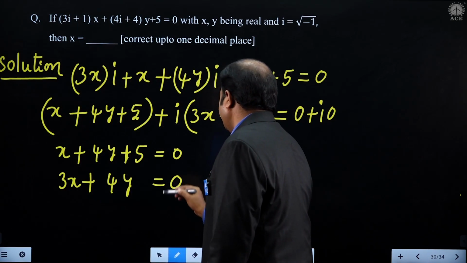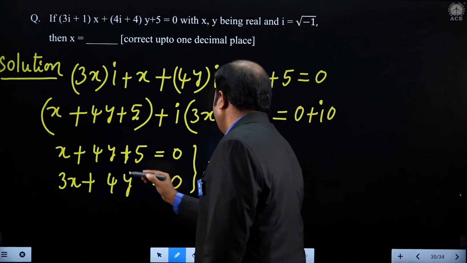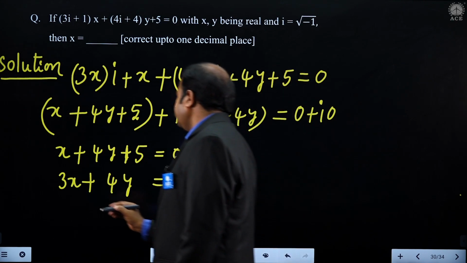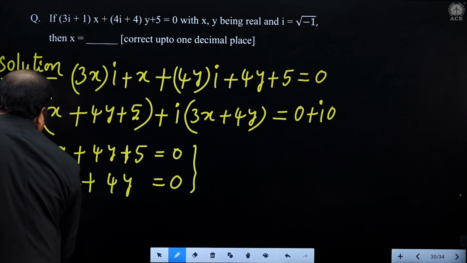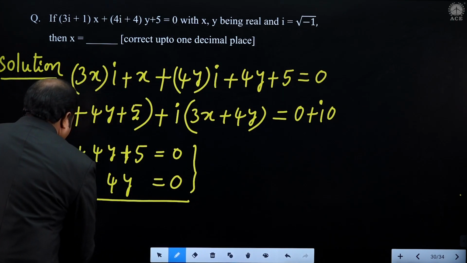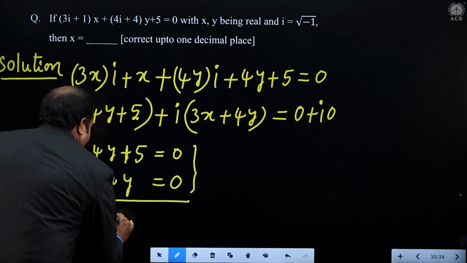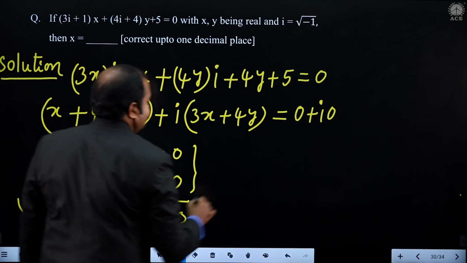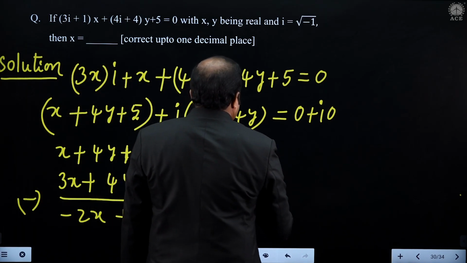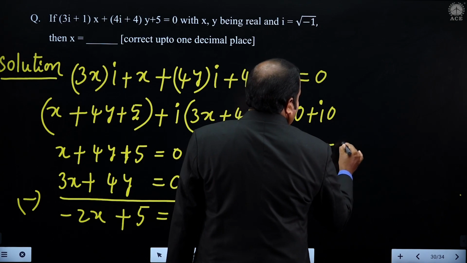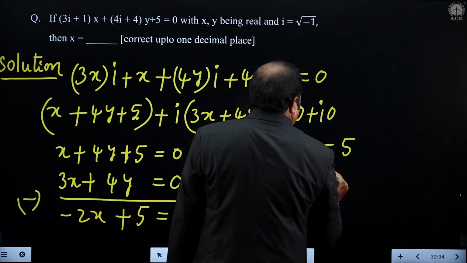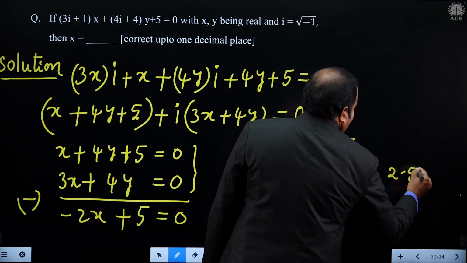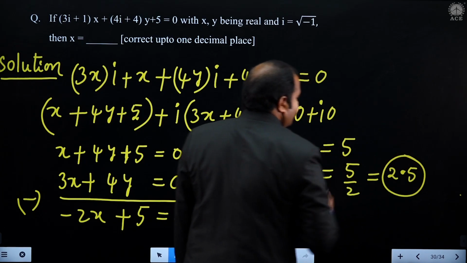So by solving these two equations, by subtracting, we get minus 2x, and 4y cancels, plus 5 equal to 0. That implies 2x equal to 5, so x equal to 5 upon 2, that is 2.5, is the required value.